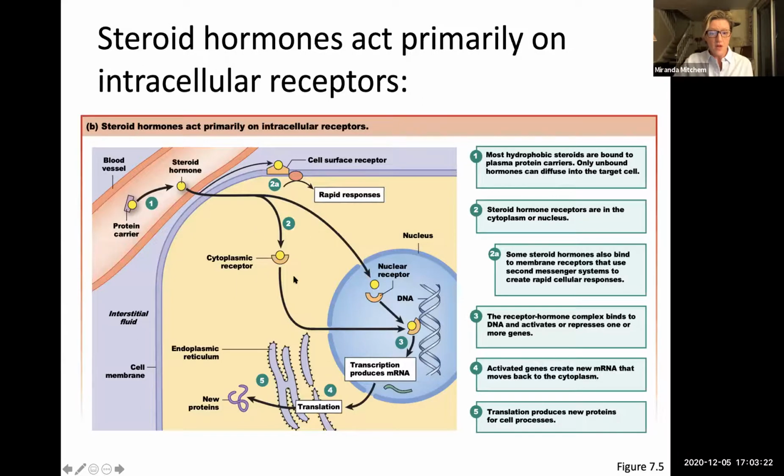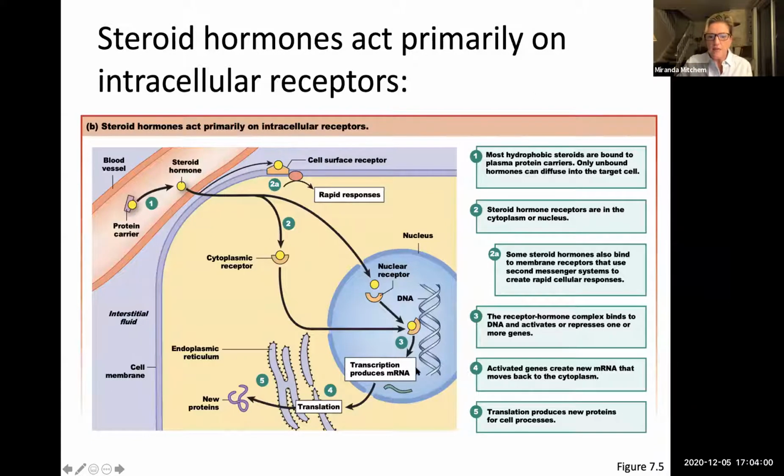They can also bind to receptors that are in the cytoplasm, and then that will lead to transcription. They can also bind to a receptor that's in the nucleus, and that too is associated with transcription. So we've got a receptor hormone complex here that's binding to the DNA, and this is working similarly to a transcription factor, where it either activates a gene or turns off or suppresses another gene or even groups of genes.